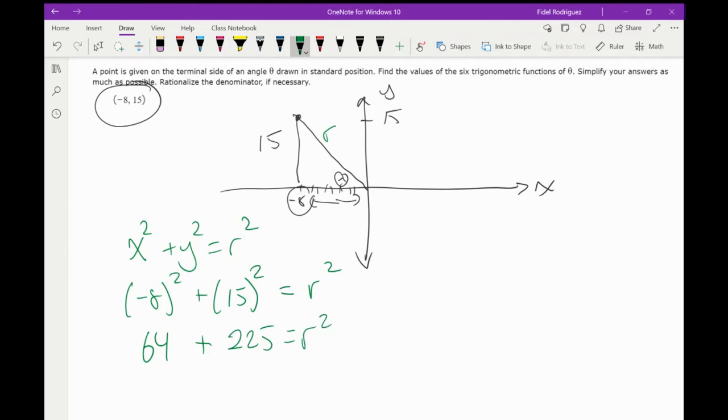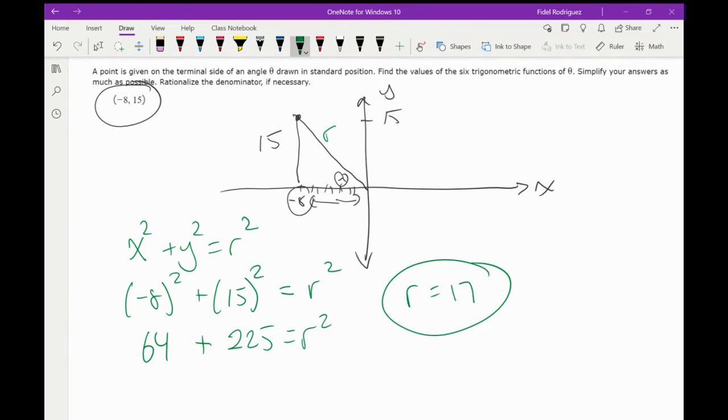So 225 equals r squared. Now we're going to add that and 64. Then we have to take the square root of this number. And somebody said it, 17, right? So there's our radius.